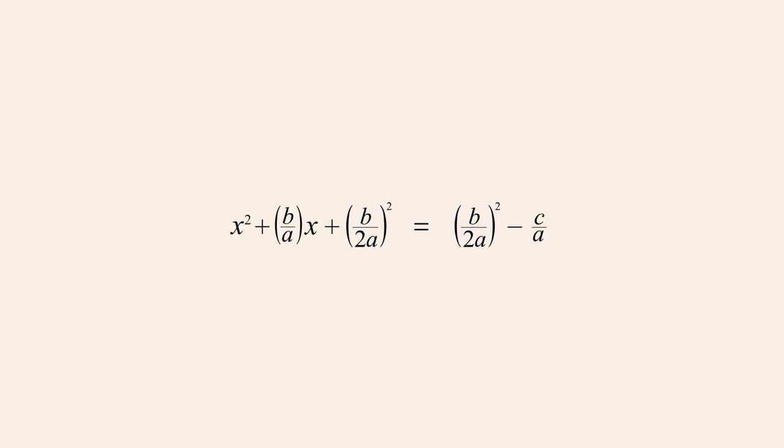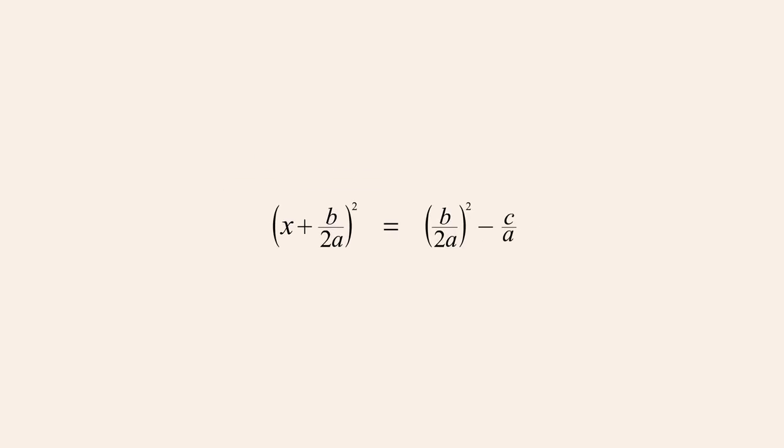Since this makes the quadratic expression on the left a perfect square, it can be written as x plus 1/2 the quadratic's x coefficient quantity squared. Then on the right side, instead of squaring the entire fraction b over 2a, we can square all the terms in the fraction separately.